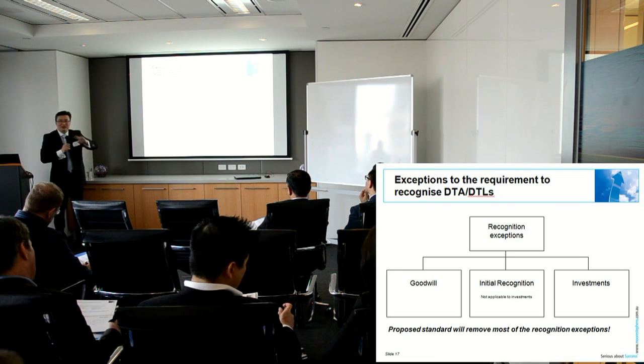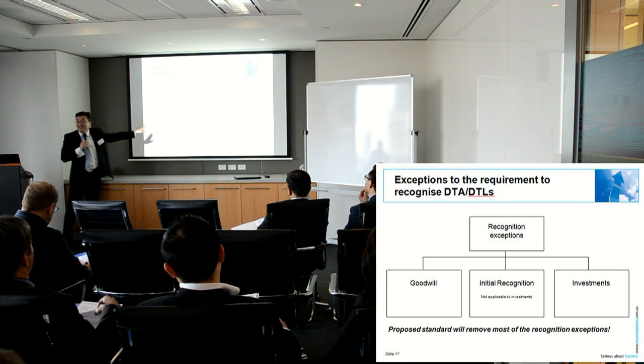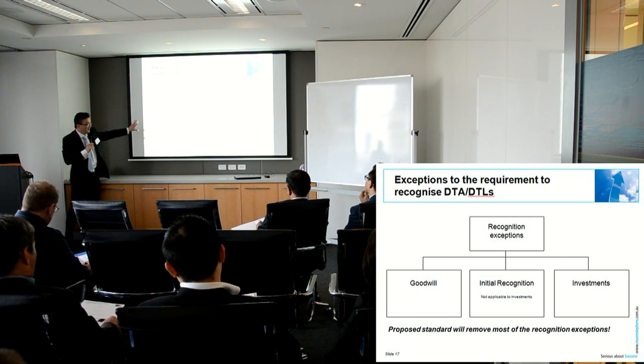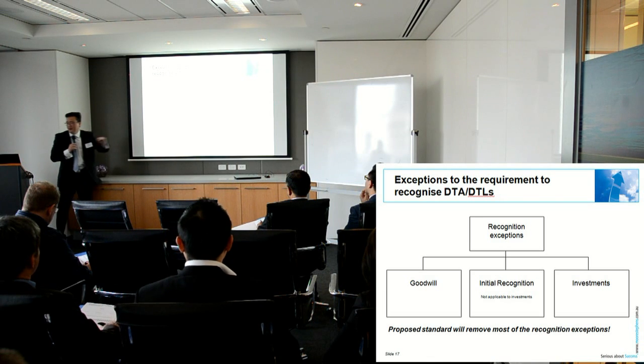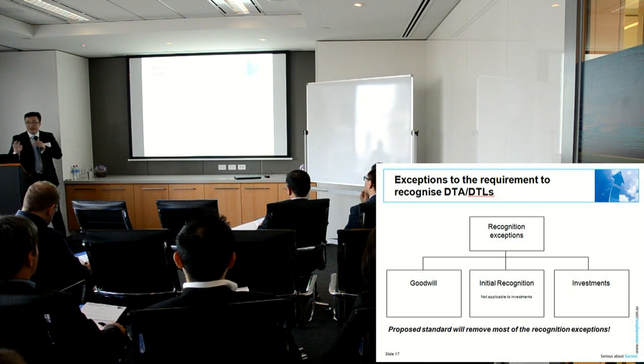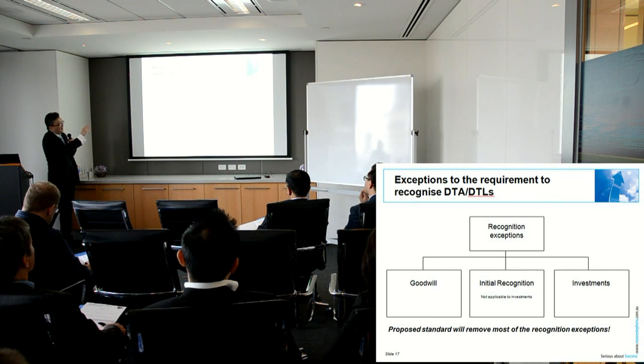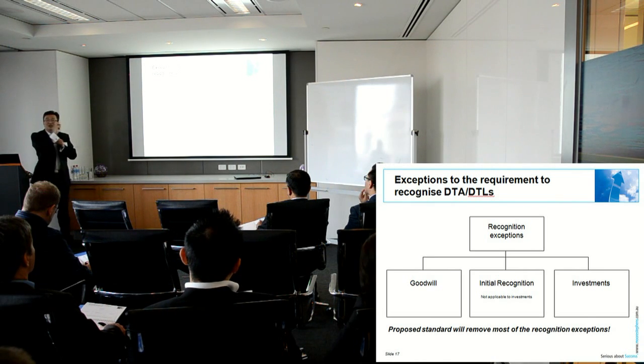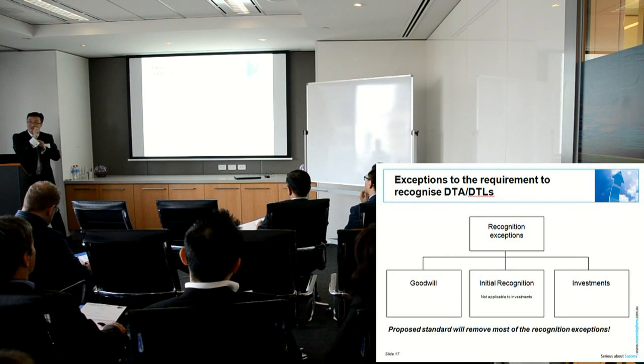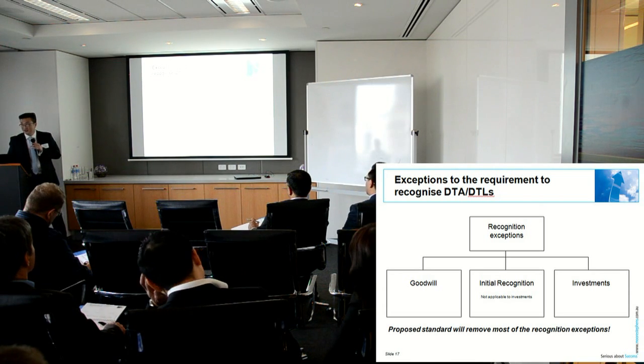The first one, the easiest one, is goodwill. When you see goodwill, don't recognize anything. All right? You do not recognize anything for goodwill. The second one is the initial recognition exception, and the third one is the recognition exception for investments, not just controlled subsidiaries, but investments, associates, joint ventures, and subsidiaries as well.